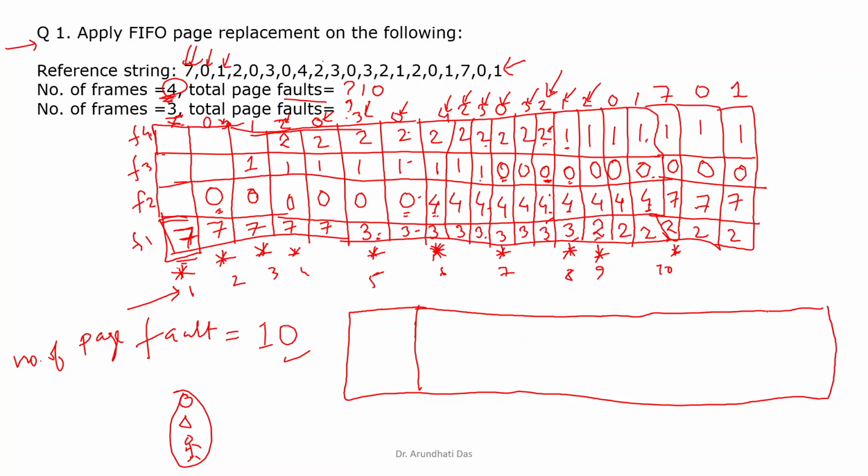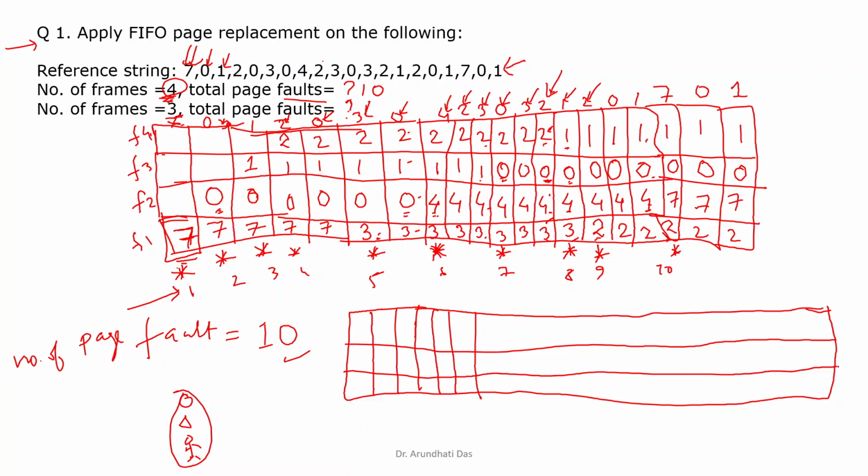The process is similar only, but there is one fact that I want to show you, that's why I am repeating the same process for 3 frames. This time the only change is that the number of frames is 3, so I will be having 3 rows here, F1, F2, F3, correct. So my request will be as it is. Let me first have some slot here.